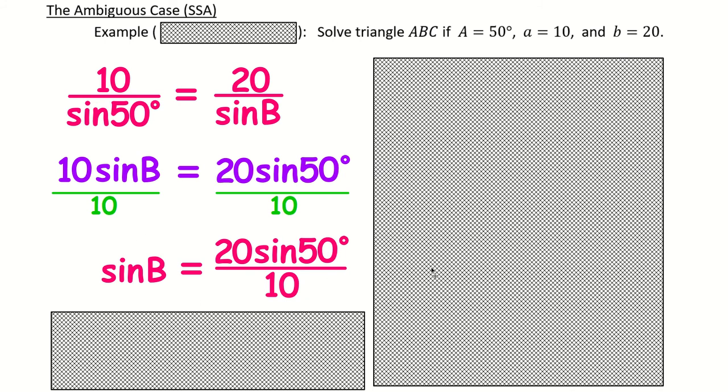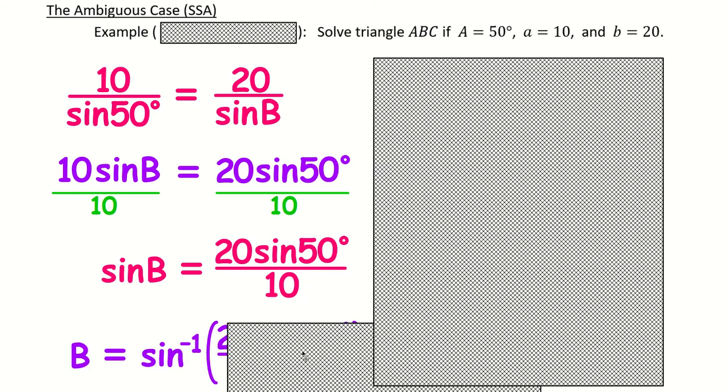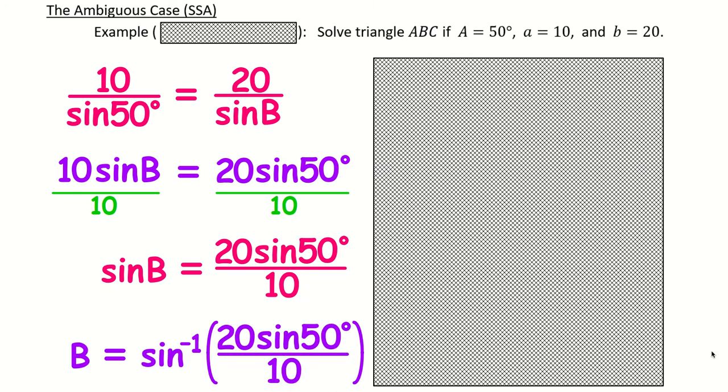What's the next thing to do? I hope the same thing as the last example. We're going to take the inverse sine of all of that, but let's leave it like this so we don't have to round anything. Take 20 to 30 seconds here. Get your calculator out and do the inverse sine of that.